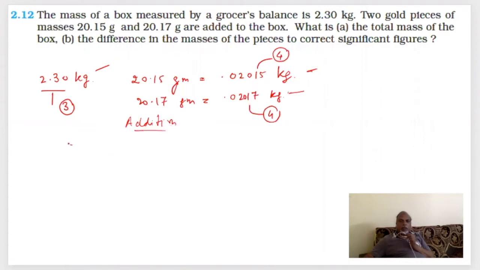In case of subtraction, just see here, 2 places are there after the decimals. So the answer should be reported in 2 places only.